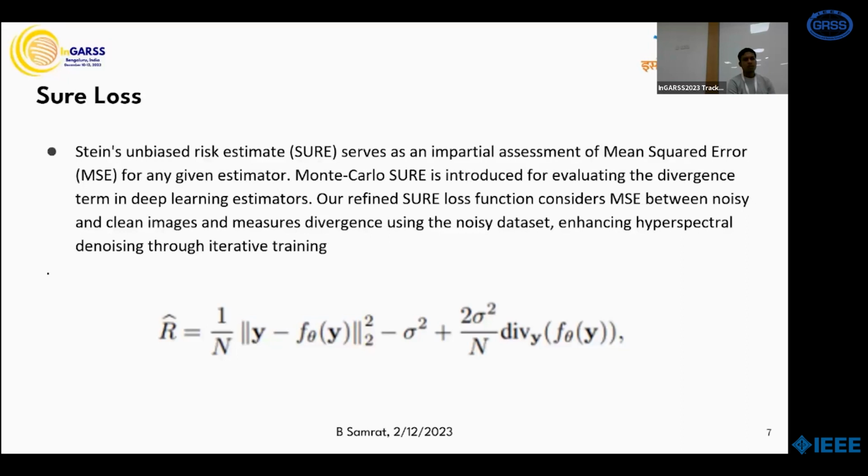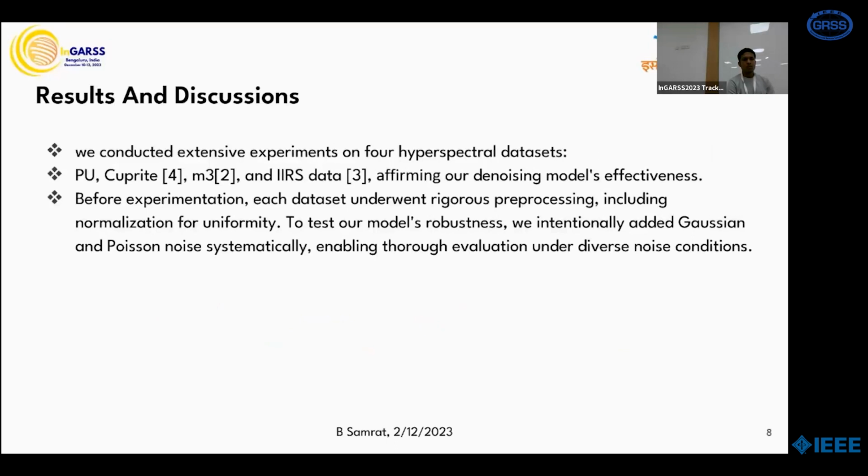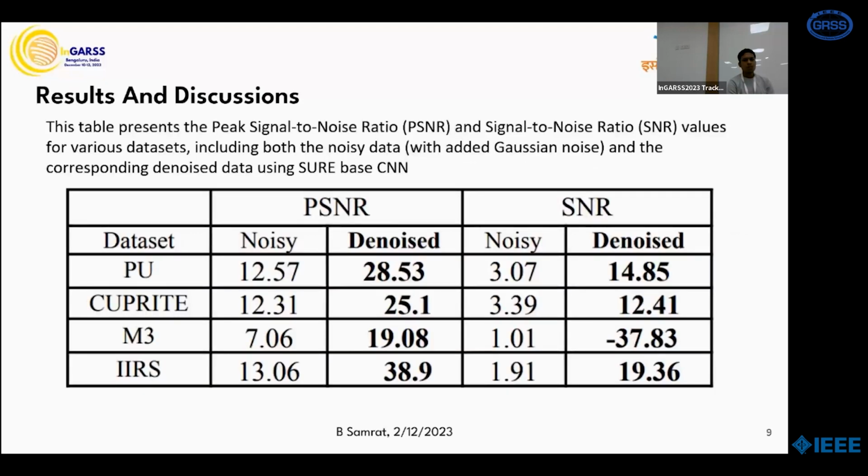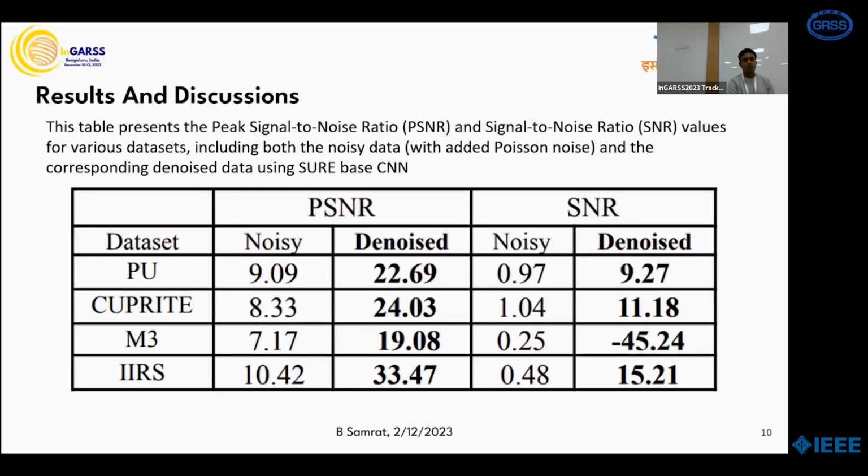Our denoising model's effectiveness was rigorously tested on 4 hyperspectral datasets: CUPRITE, Pavia, M3, and IIRS data. We ensured uniformity through rigorous pre-processing, including normalization. This table presents the peak signal to noise ratio, PSNR, and signal to noise ratio, SNR, values for various datasets, including both the noisy data and the corresponding denoised data using the SURE-based CNN.